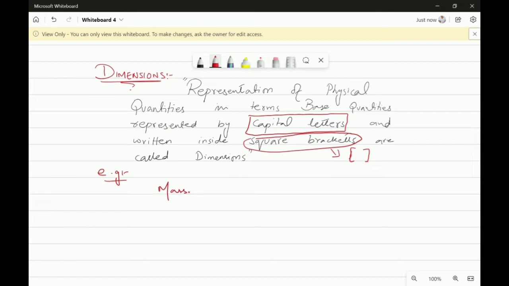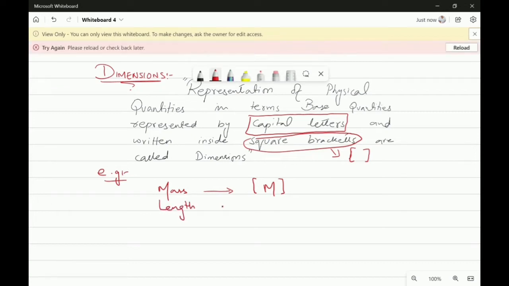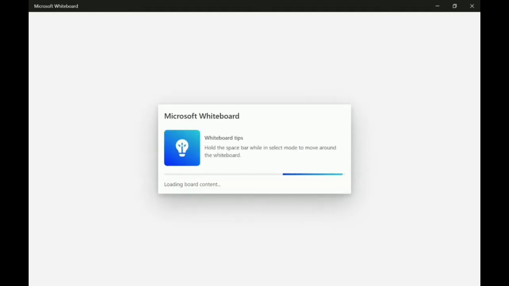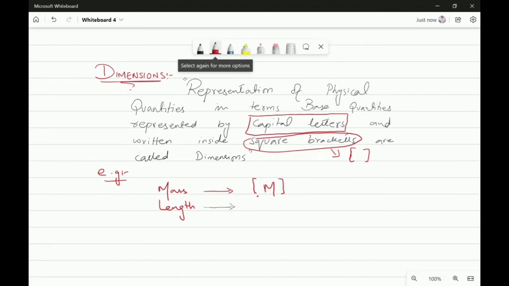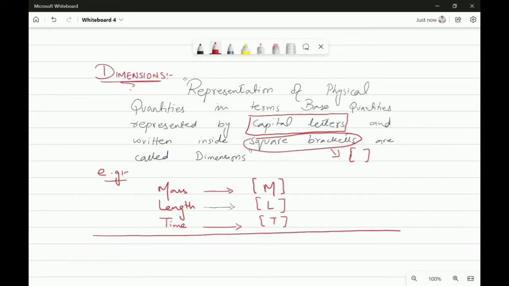For example, for mass, its dimension will be written inside square brackets and represented by capital M. For length, we will be using capital L. For time, we will be using capital T. So these are the three main dimensions that we will be using in upcoming numericals or examples.